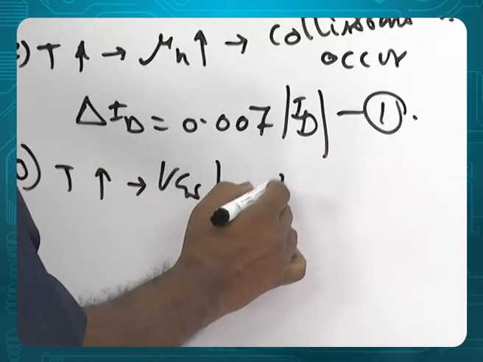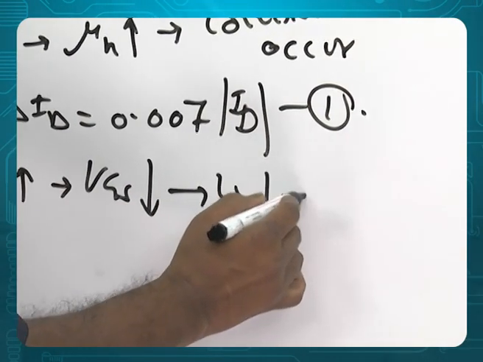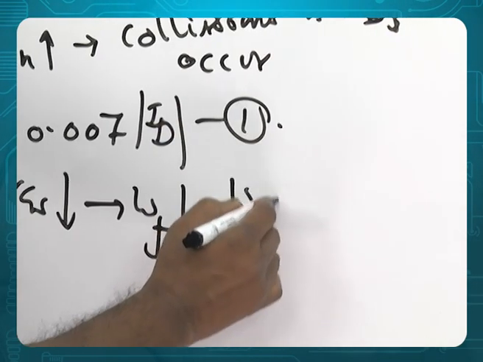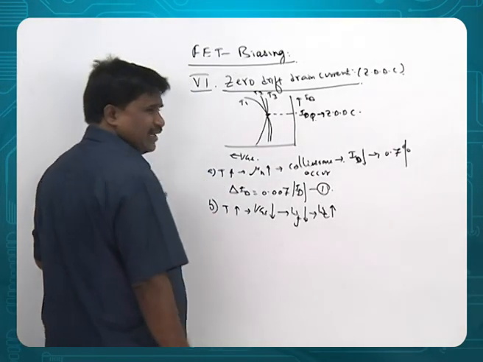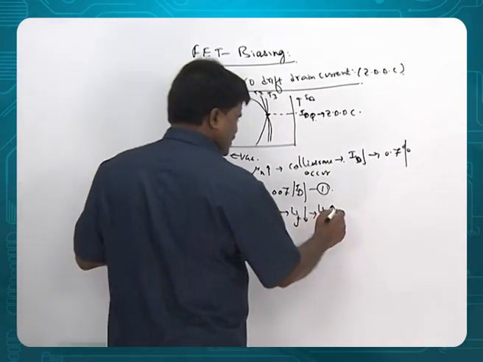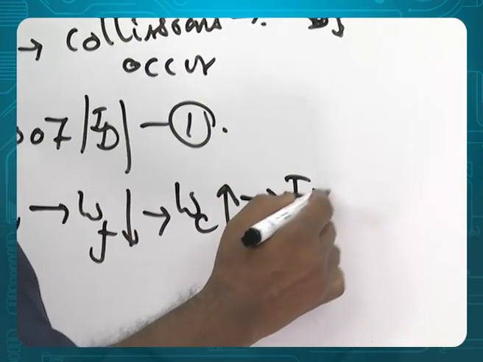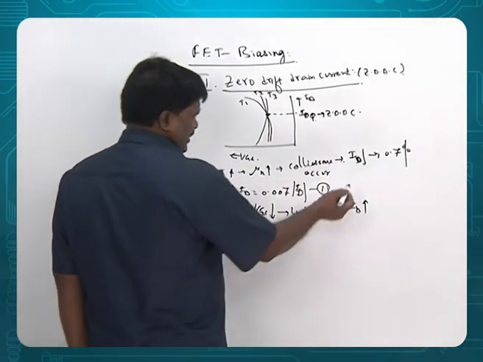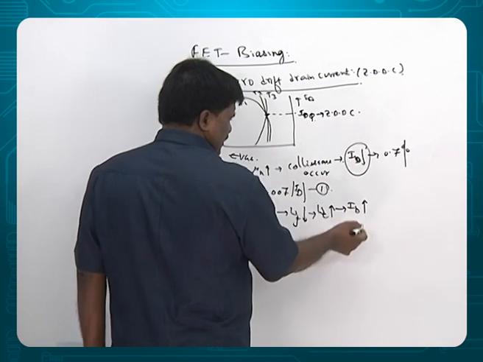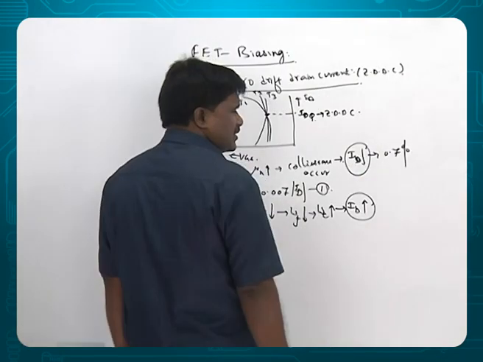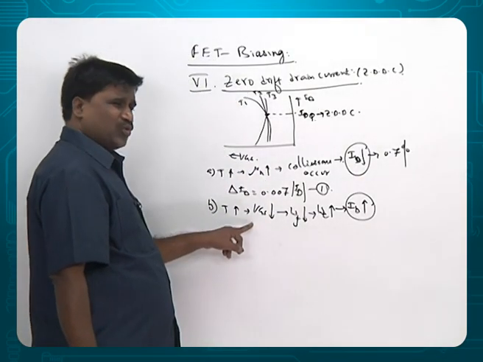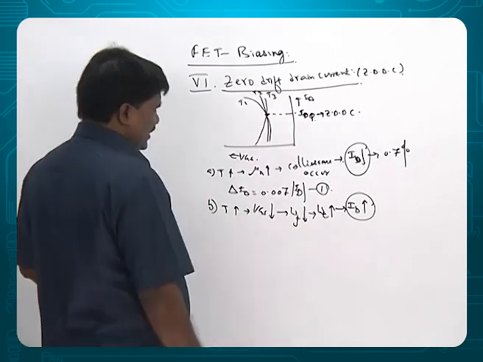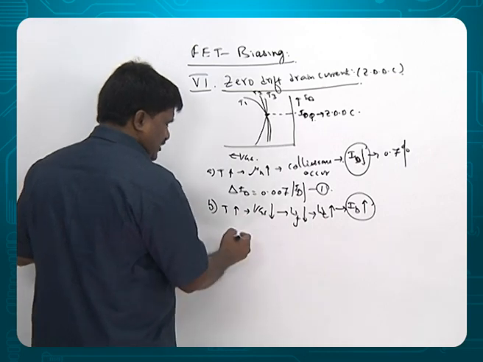When the junction voltage decreases, junction width is decreased. When the junction width decreases, channel width automatically increases. When the channel width increases, ID increases. Therefore, in one aspect, ID is decreasing; in the other aspect, ID is increasing. If these two quantities get equated, you will get a nice standard value.